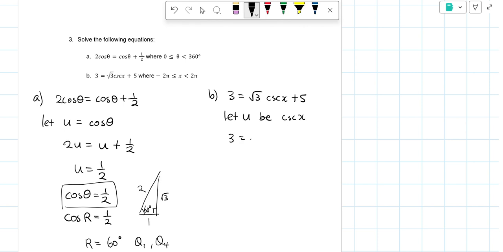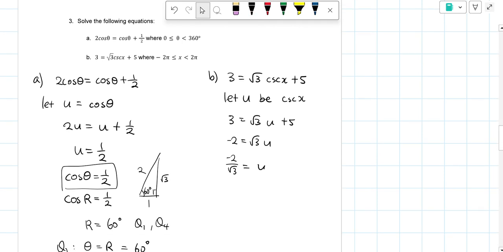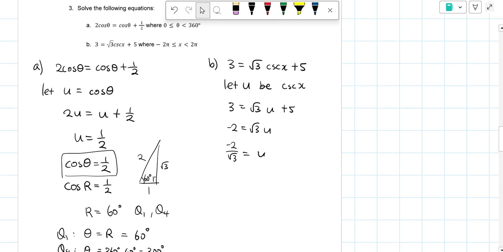So it's going to be 3 equals square root 3 u plus 5. Let's solve this equation step by step. Minus 5 on both sides. Negative 2 equals square root 3 u. So negative 2 over square root 3 is equal to u. Let's rewrite u on the left hand side and negative 2 over square root 3 on the right hand side. U is replaced with cosecant x.